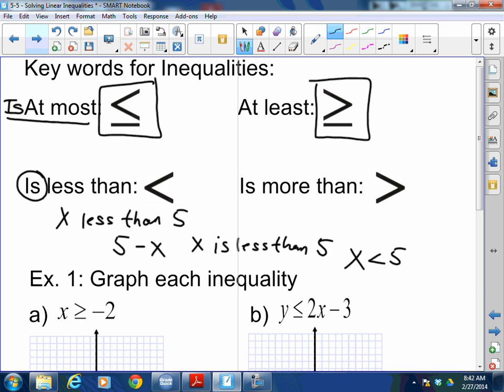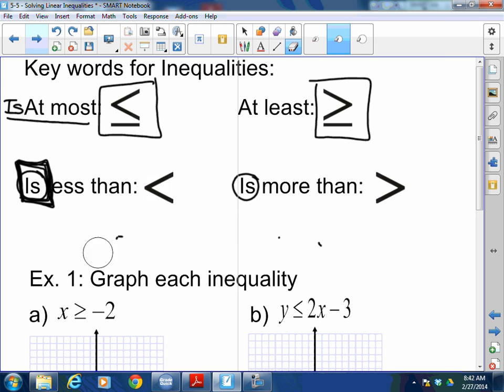The is indicates that it's an inequality. So if it's is less than, it's just a less than symbol. If I tell you is more than, it's a greater than symbol.